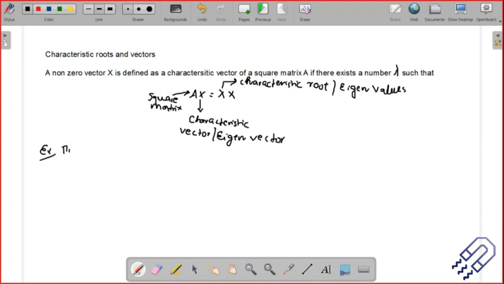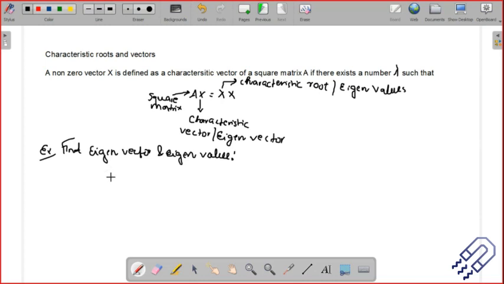We have to find the eigenvalue and eigenvector.